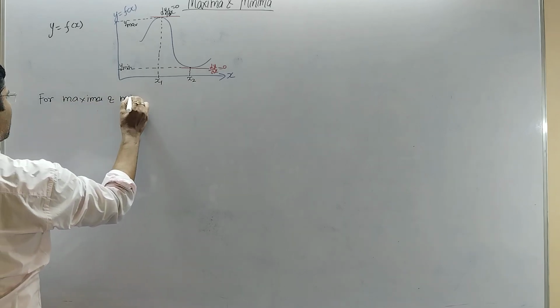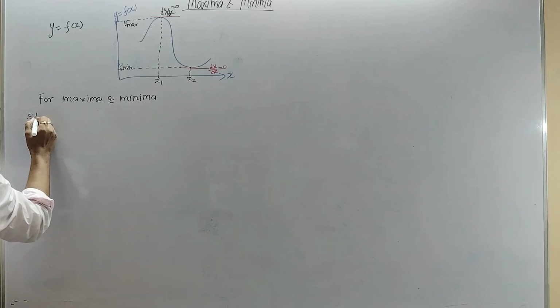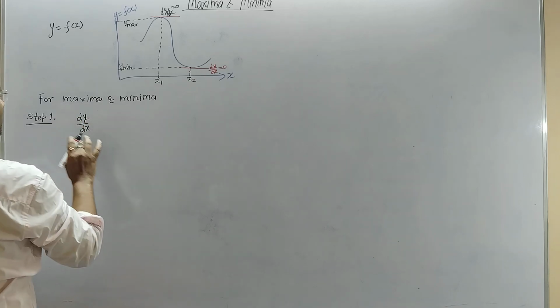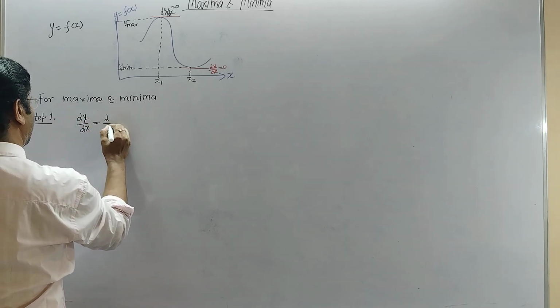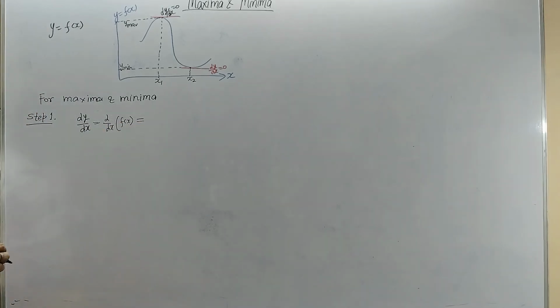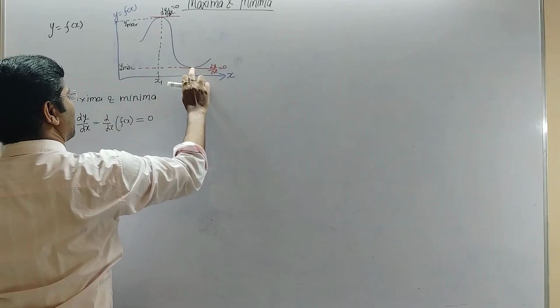So in mathematical terms, if there is a function y equal to f(x), for maxima and minima we will always follow two steps. In step 1, always find dy upon dx, the slope of the function, d by dx of f(x). Put it equal to 0, because at maxima or minima dy upon dx is 0.